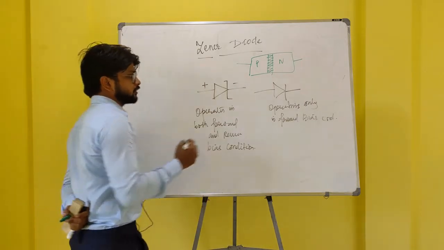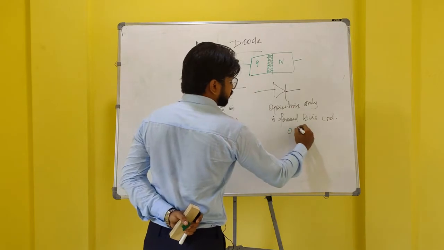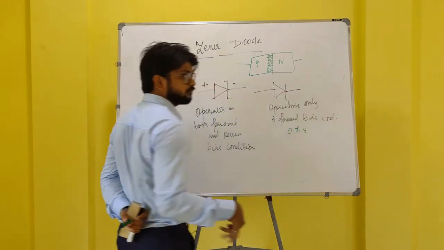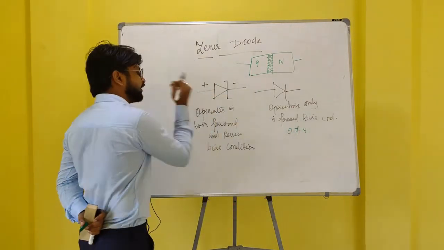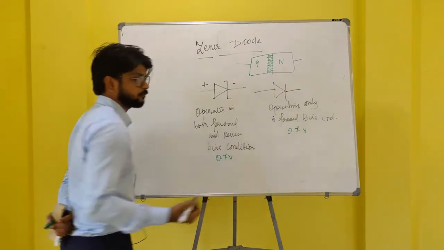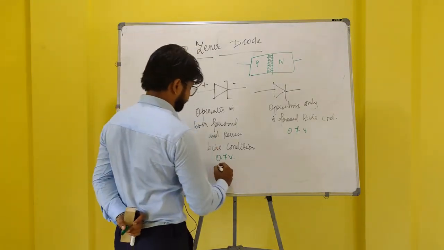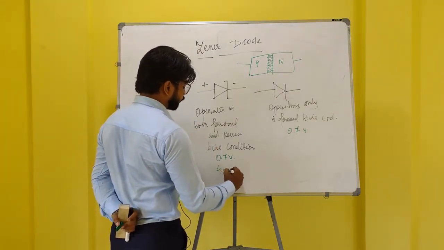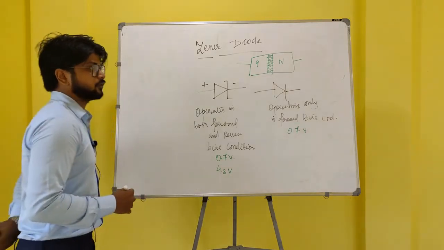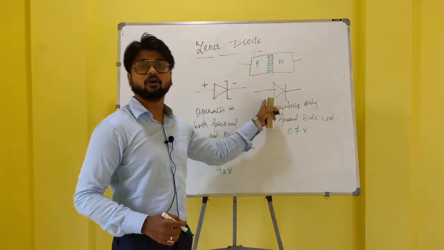As we know, a diode in forward bias condition has a voltage drop of 0.7 volts in case of silicon. In the same way, in a Zener diode also, in forward bias condition there is a voltage drop of 0.7 volts. But in reverse bias condition there is a voltage drop of 4.3 volts.